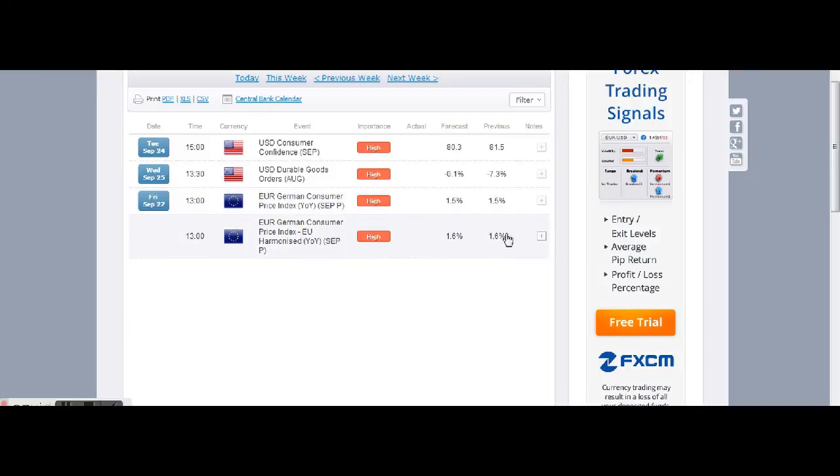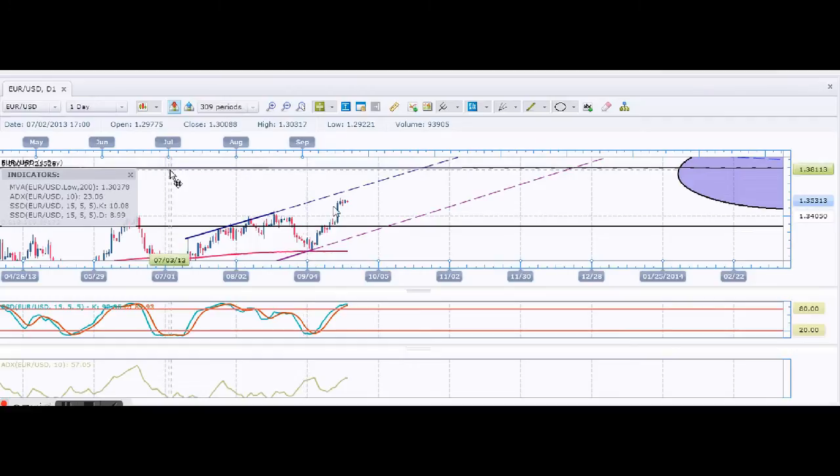Not much in terms of change for euro figures here, so again, it's really almost day by day for the week, seeing how the market will react. And the post taper has been that the dollar has sort of regained some of its losses, so we have had some degree of appreciation of the dollar.